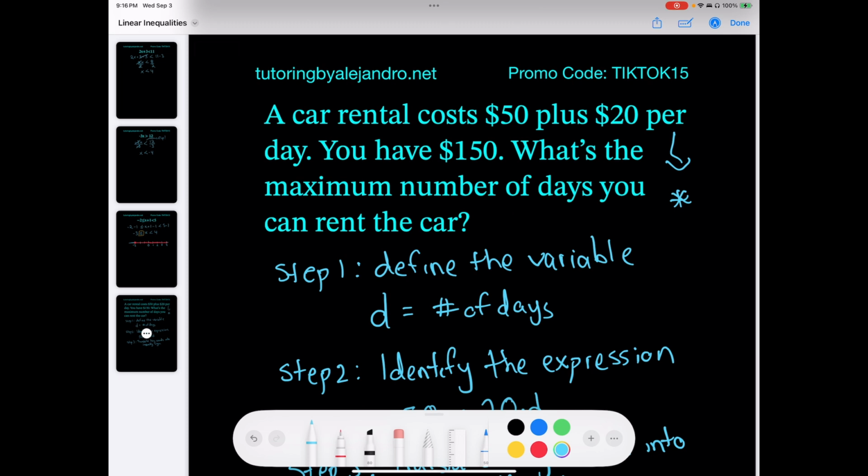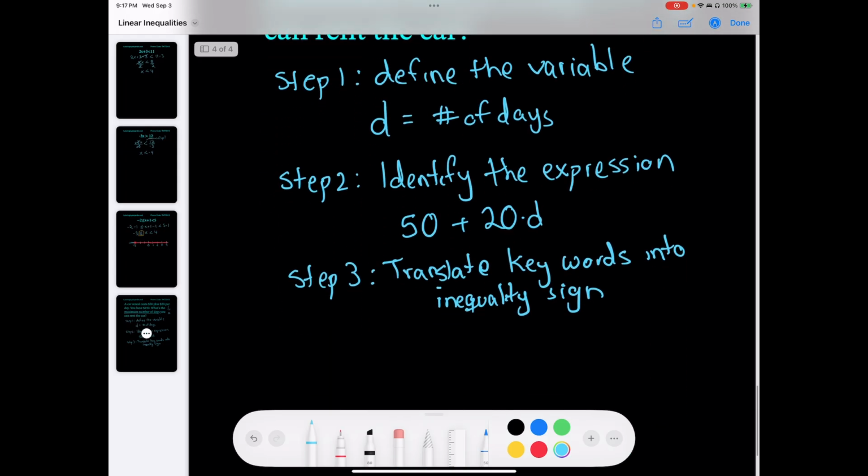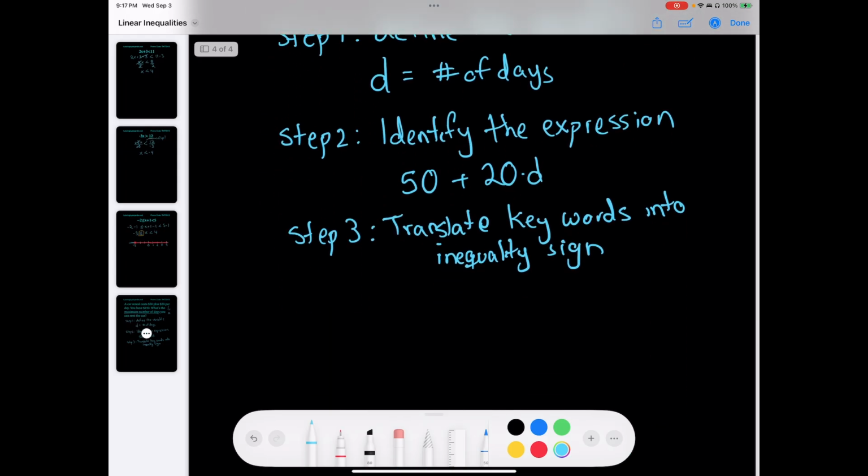What's the maximum number of days? Maximum number of days. This means at most, and when you see maximum or at most, this means less than or equal to. So that's what we're going to use. So we're saying that 50 plus 20 times D is less than or equal to 150.